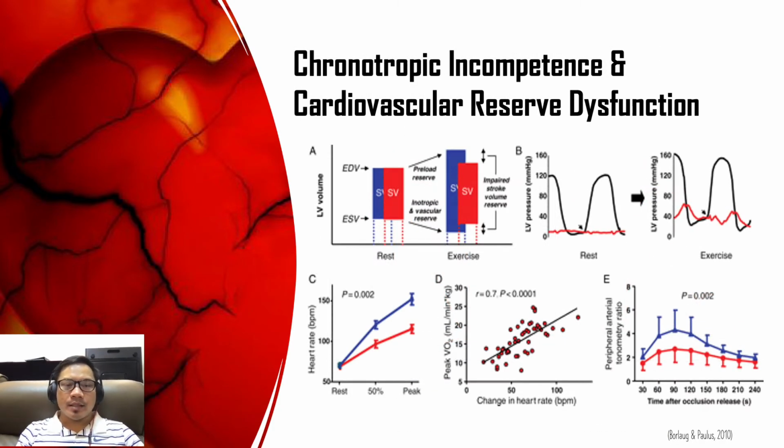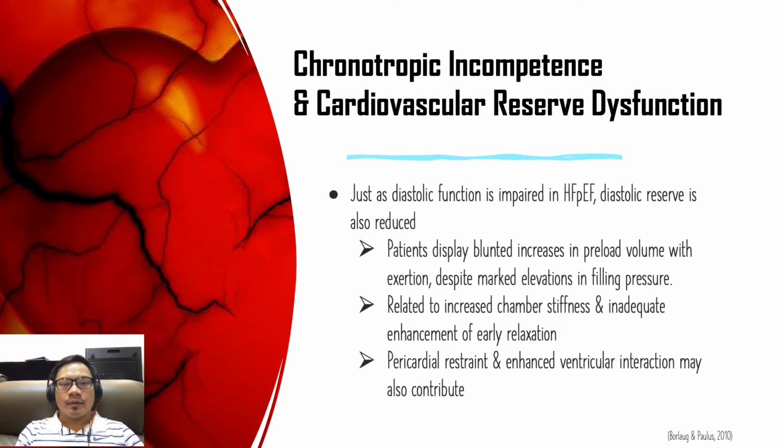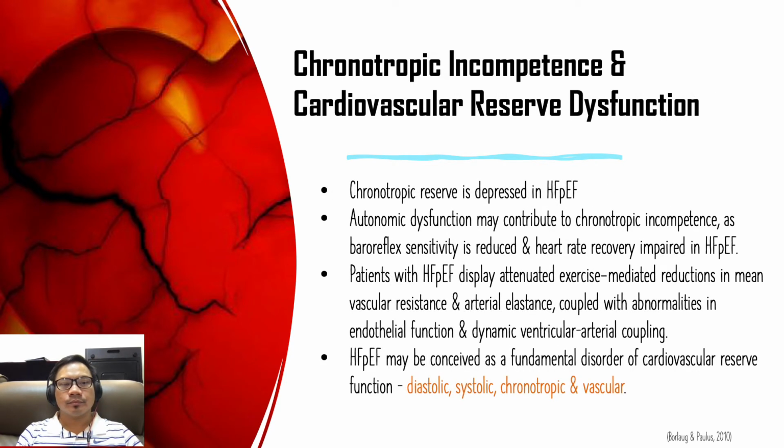Chronotropic incompetence and cardiovascular reserve dysfunction. So just as diastolic function is impaired in HFpEF, the diastolic reserve is also reduced. Chronotropic reserve is depressed in heart failure with preserved ejection fraction, even compared with older age-matched controls and independent of rate-slowing medication use.